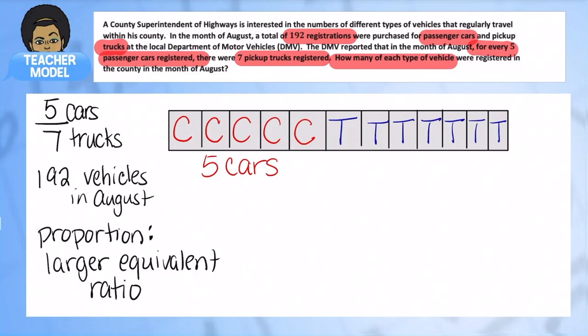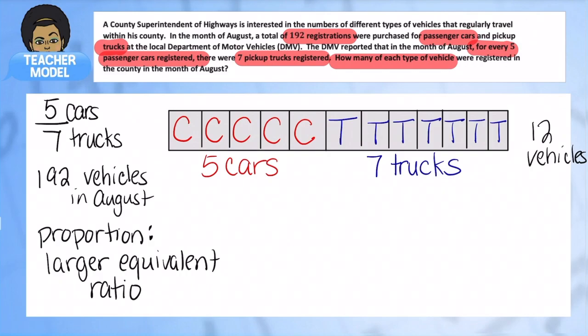I squeezed it in there, not to scale, definitely not to scale, Math Marvels. To 7 trucks. And in total, what would you see here? So I have my 5 cars, my 7 trucks. I also have 12 vehicles total.